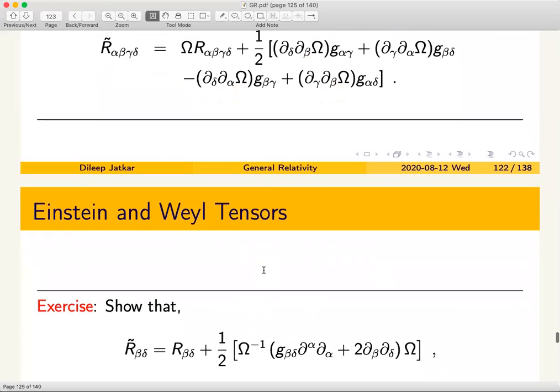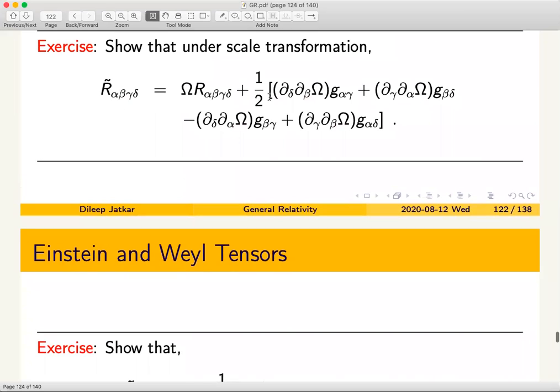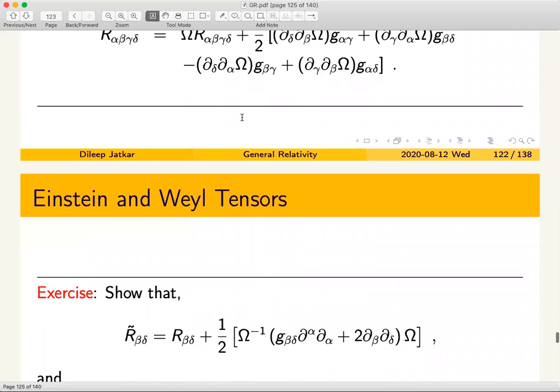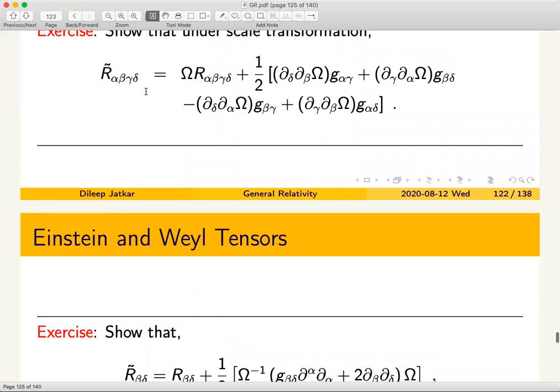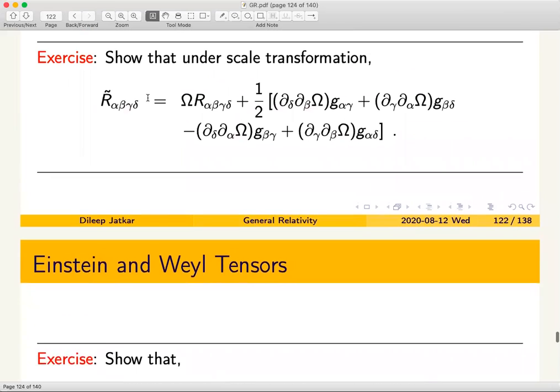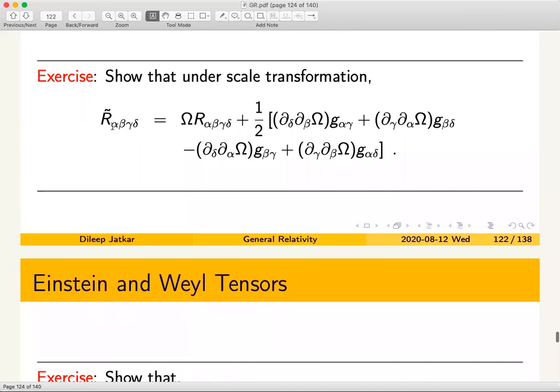Okay, now once you have done this computation, then doing the same computation for the Ricci tensor is not difficult. All you have to do is contract indices. Now the only thing you need to be careful about is the following: when you want to contract indices, you will contract alpha with gamma, and that will be done by multiplying by the inverse metric.